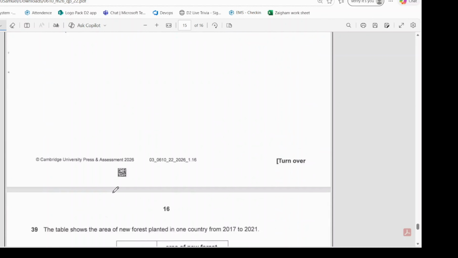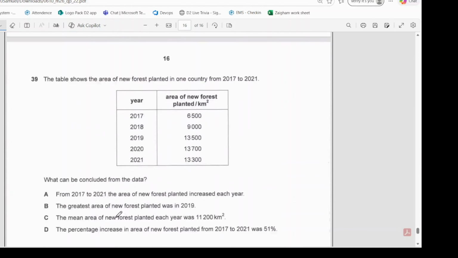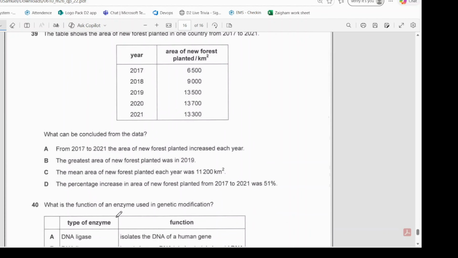Next one. A table is shown and the data is collected from 2017 to 2021. What is concluded from the data? From 2017 to 2020, the area of new forest increases, right? While for this year, it decreases, right?